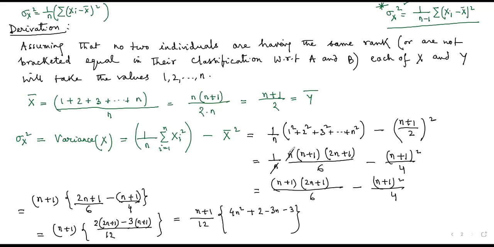This expression is n into (n plus 1) into (twice n plus 1) by 6. This n and that n will cancel one another. We are getting (n plus 1) into (twice n plus 1) by 6 minus (n plus 1) whole square by 4.